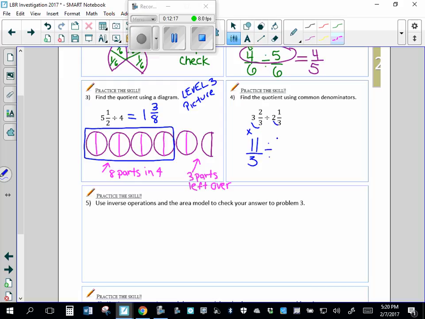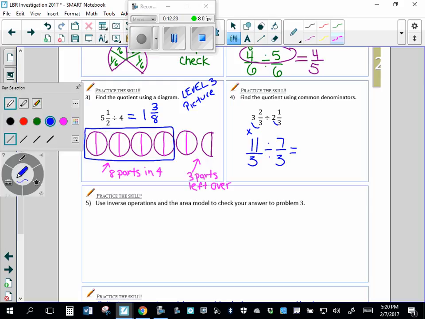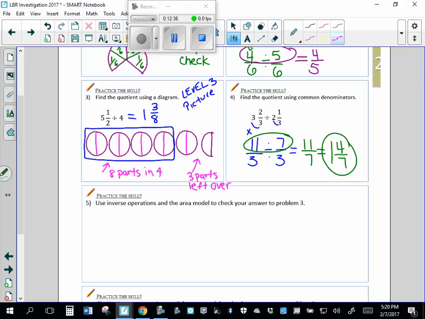Six plus 1 is 7. Step 3, divide the numerators. Final answer, 1 4/7. And that's the beginning of fraction division.